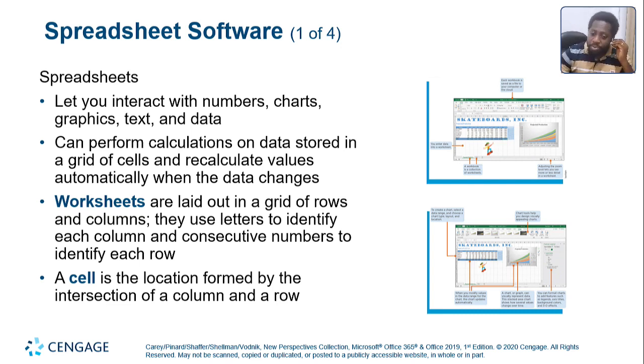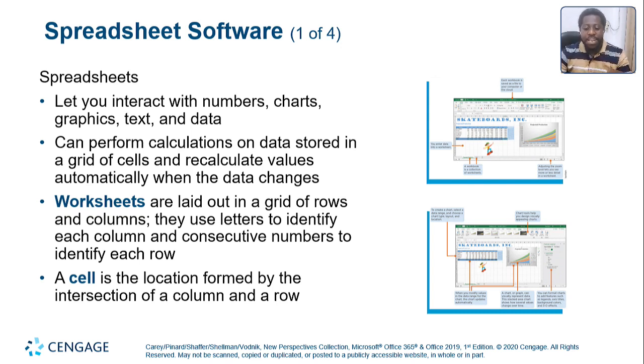They comprise what we refer to as worksheets, which are laid out in a grid of rows and columns, and they use letters to identify each column and consecutive numbers to identify each of the rows. And we'll get a lot more demonstrations of these things in the next lesson, but we should have this information at the back of our minds. Now, they comprise what we refer to as cells, portions of the worksheet where we make inputs on a spreadsheet.